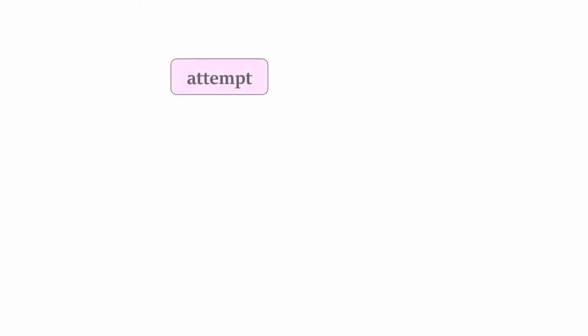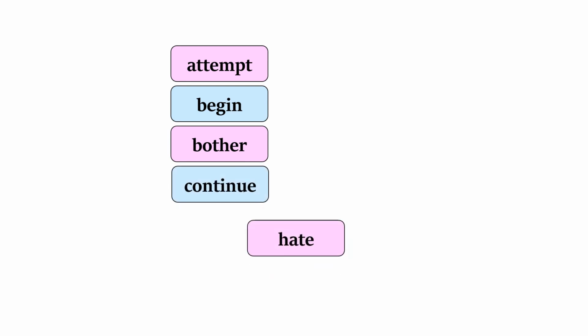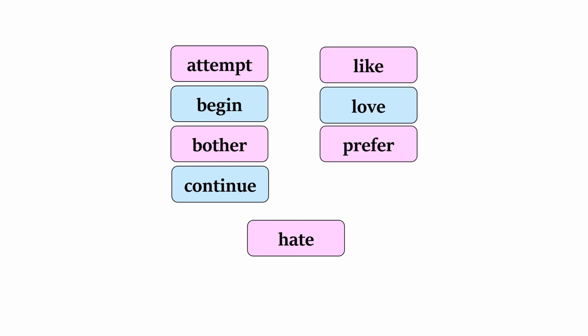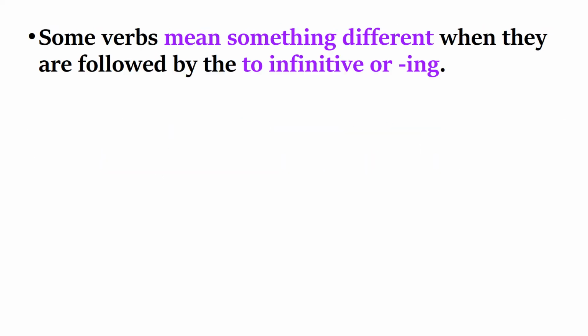These are attempt, begin, bother, continue, hate, like, love, prefer, start. Would like, would love or would prefer are followed by the to infinitive. Examples. I would like to work in either a zoo or a safari park. I would prefer to stop studying for a while.